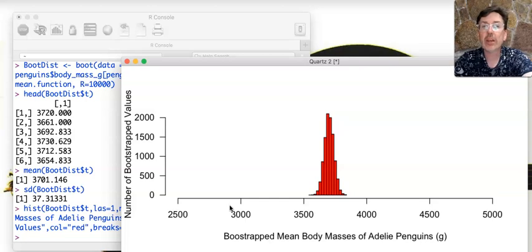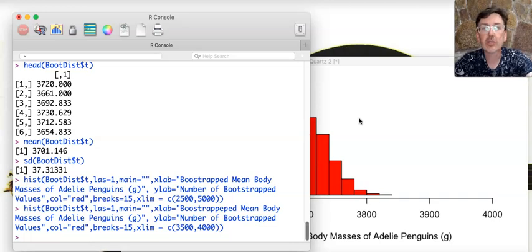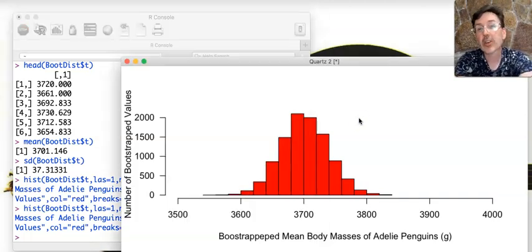Now, whereas our previous one had values of very small, really large, and I'm just going to zoom in a bit. I'm just going to change the limits just to make this a little bit easier for everybody to see. So these are various estimates of the mean. So these are not the original penguins. These are the samples, the bootstrap samples.